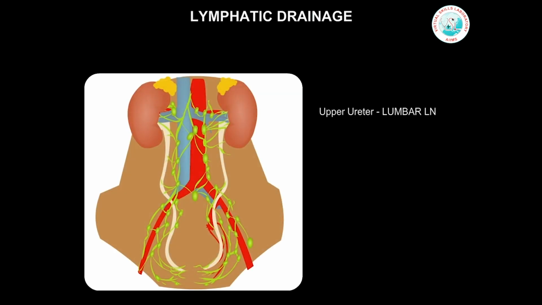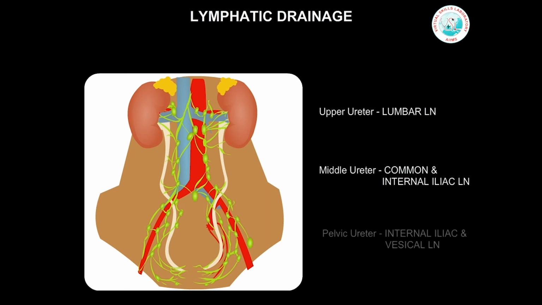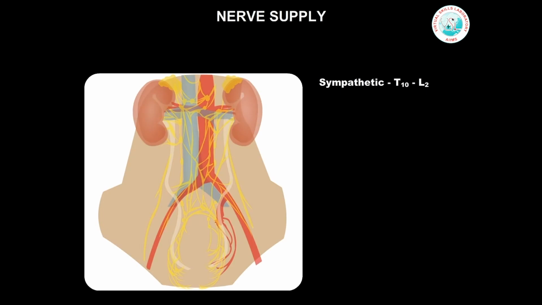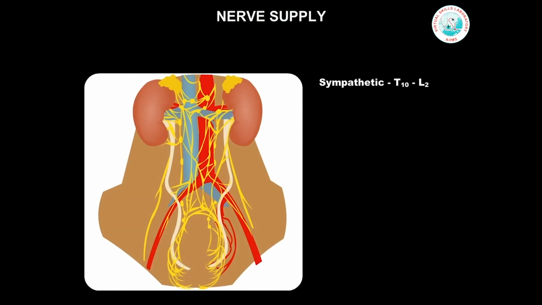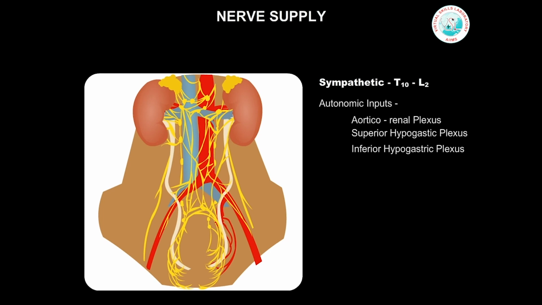The upper ureter drains into the lumbar nodes, the middle ureter drains to the common and internal iliac lymph nodes, and the pelvic ureter drains into the internal iliac and vesical lymph nodes. The sympathetic supply comes from T10 to L2 levels of the spinal cord, along with autonomic inputs from aortico-renal, superior and inferior hypogastric plexuses.